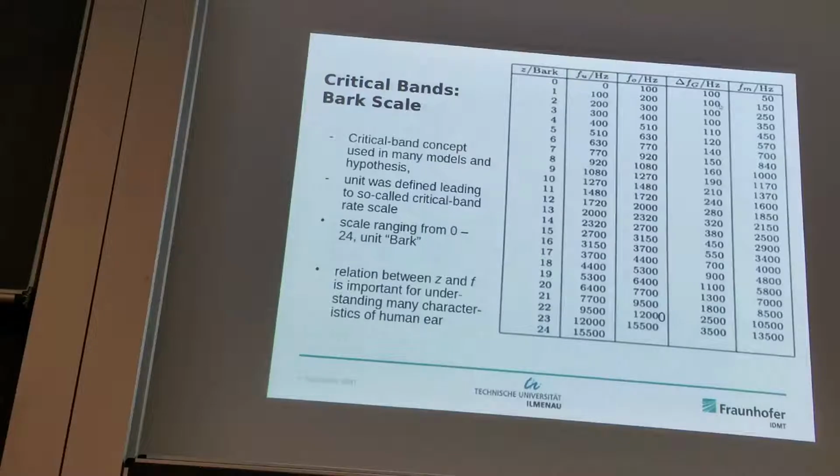Again, we have a bandwidth of 100, and a center frequency of 150. Make sense? Makes sense. And here you can also see how the bandwidth goes up after around 500 hertz. So here it's becoming bigger and bigger until it reaches about 3.5 kilohertz down here.